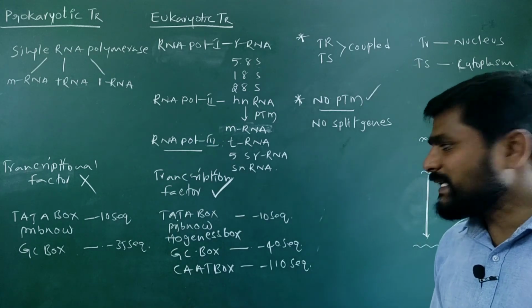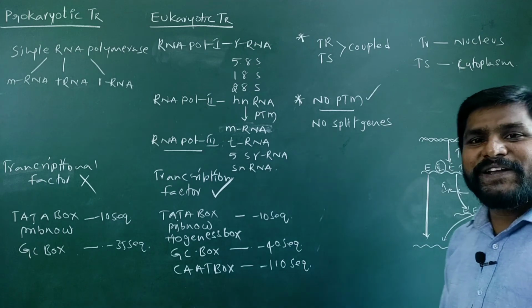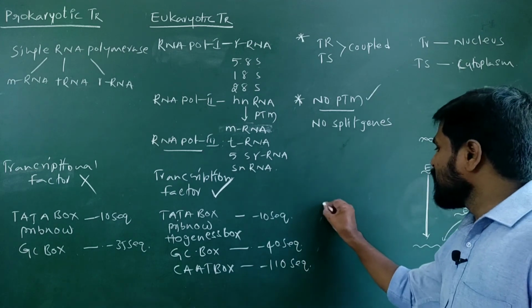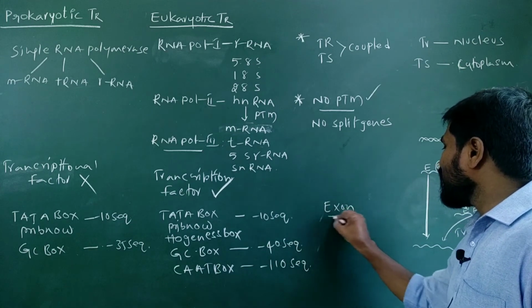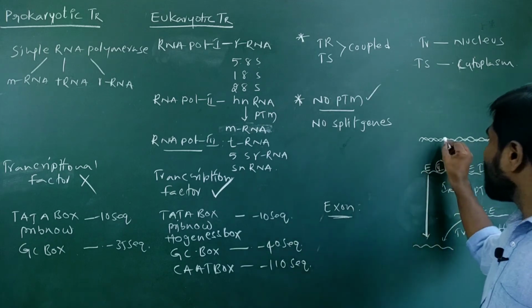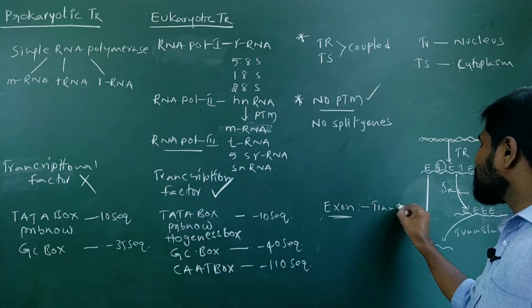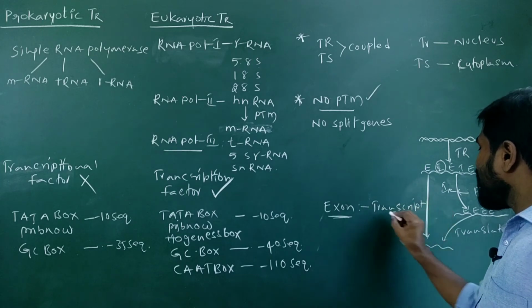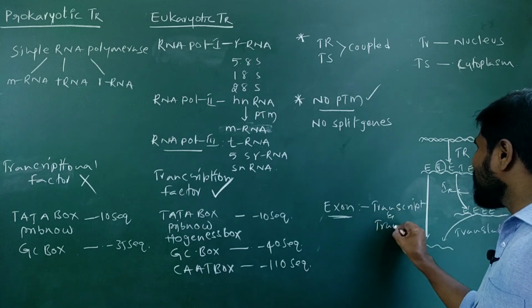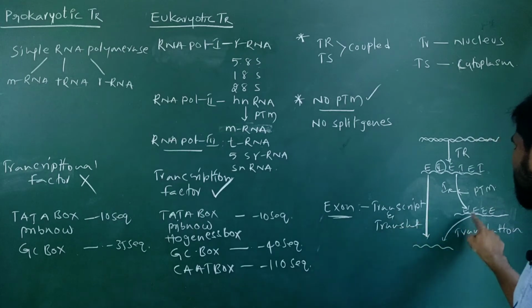Here we can define the exons and introns in a different manner. Say this is an exon. An exon is a portion of a DNA molecule which can undergo transcription and translation, right?